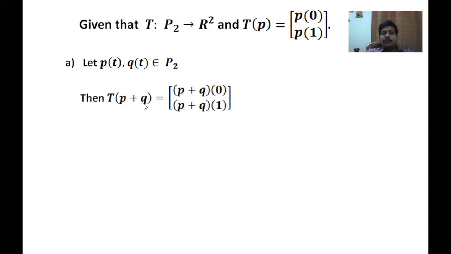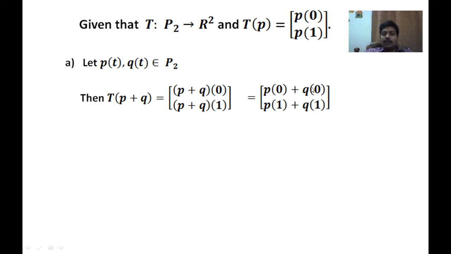Then T of p plus q is equal to, p plus q is a new polynomial. After adding these two, we will get another polynomial of degree at most 2. So the value of T of p plus q is equal to (p plus q)(0) and (p plus q)(1). This is equal to p(0) plus q(0). These two are polynomial functions, so they can be separated.